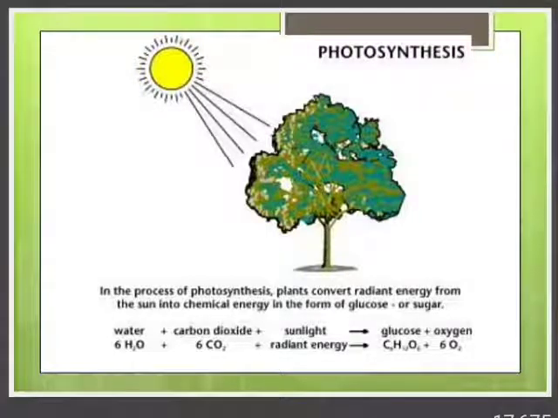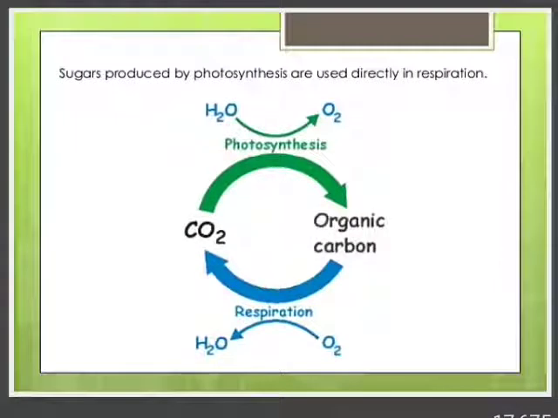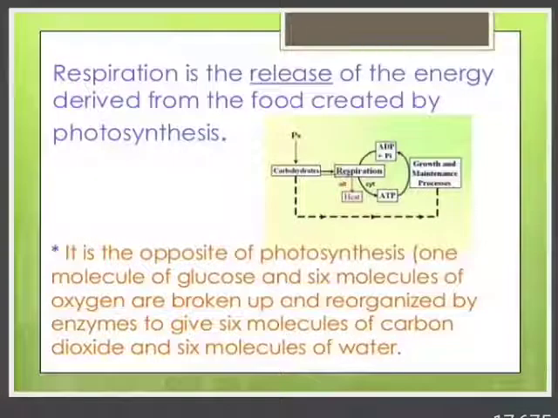In photosynthesis, plants convert the radiant energy from the sun into chemical energy in the form of glucose or sugar. Sugars produced by photosynthesis are used directly in respiration, which is gas exchange. This is the opposite of photosynthesis: one molecule of glucose and 6 molecules of oxygen are broken down by enzymes to give 6 molecules of carbon dioxide and 6 molecules of water.